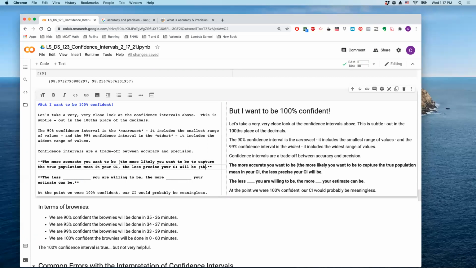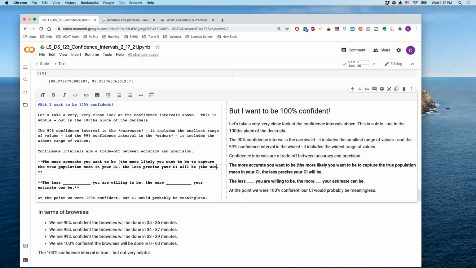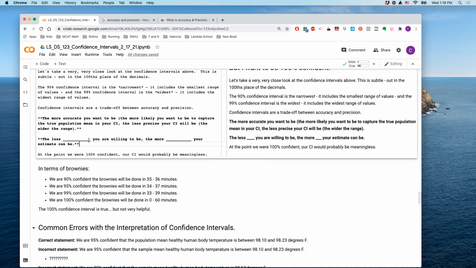So basically, the wider the range of your confidence interval will be. Okay, so we just saw that the 99% confidence interval was the widest one. If I want to be more confident that I've got the right answer in my range, well, I'm going to make a bigger range. On the other hand, the less accurate you're willing to be, the more precise your estimate can be.